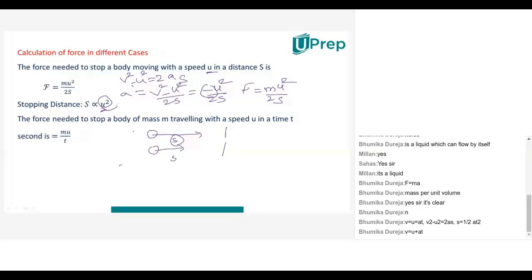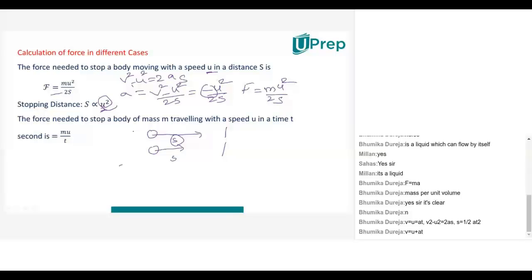Here, what is the equation? Tell me, suppose one object is coming with some velocity u and we are stopping it after traveling a distance of s.